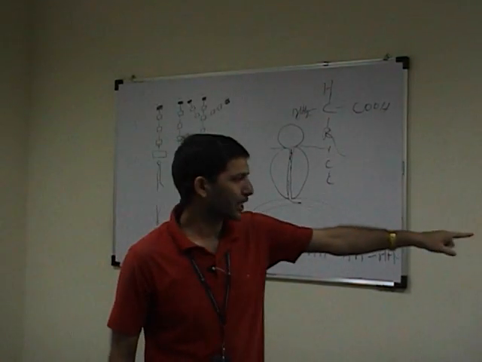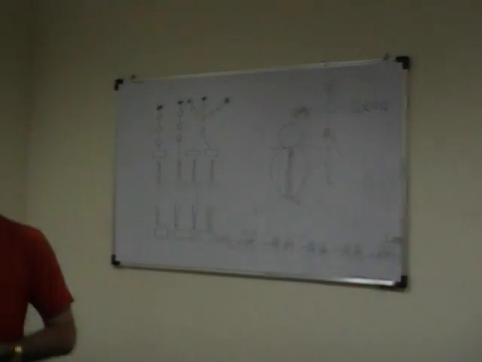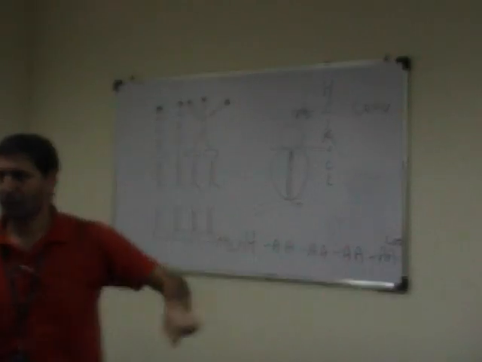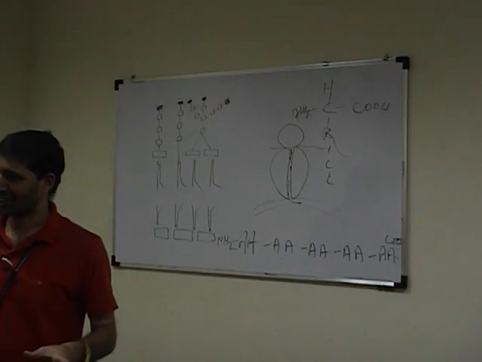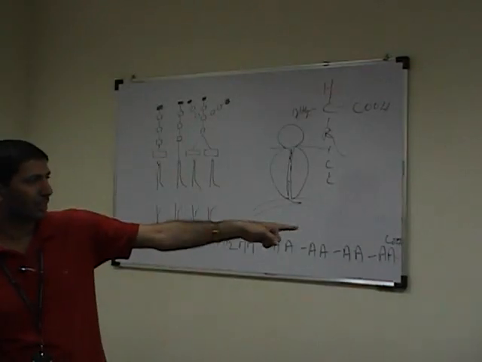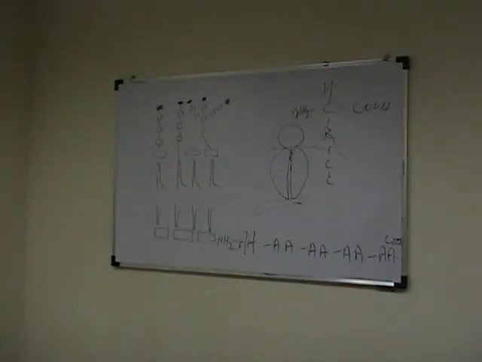Normal GHB values are about 5% of total hemoglobin. It means all hemoglobin will not be glycated, only 5%. And if it is 5%, then the level of glucose will be 120 milligram per 100 milliliter.